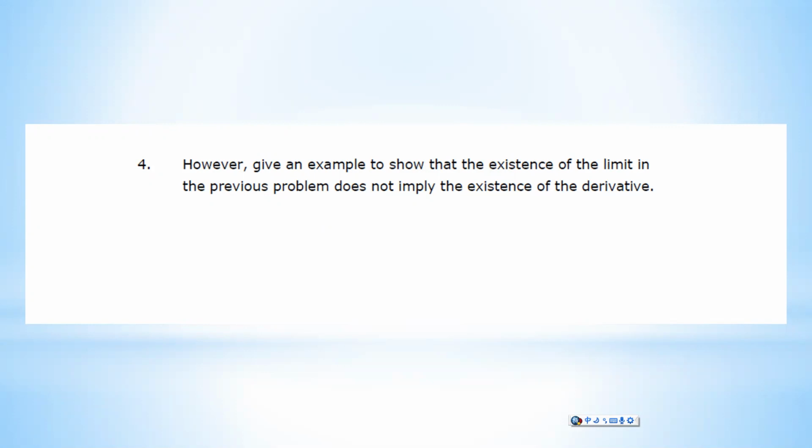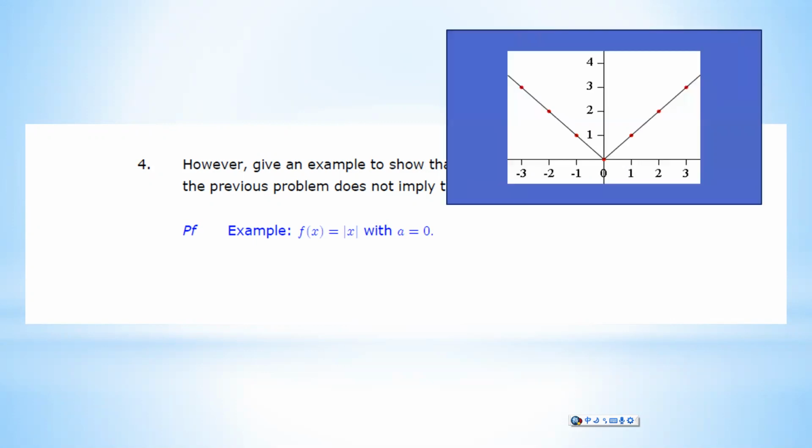Now the example is very simple. You can take the example like f(x) equals the absolute value of x. Choose a equals 0. So the function behaves like this. You can see at 0 the curve of the function f(x) carries a corner.